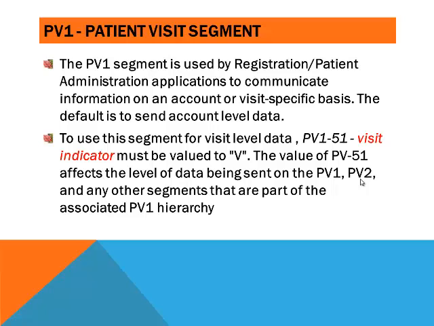For visit level data, for the 51st field in the PV1 segment, the visit indicator must be valued to be V. In fact, the value of the 51st field affects the data being sent on the PV1, PV2, and other segments. That's a part of the associated PV1 hierarchy.